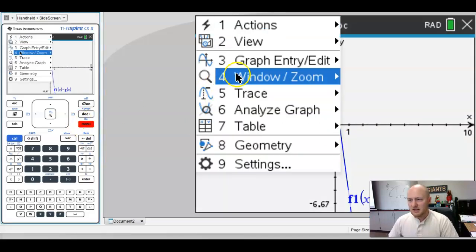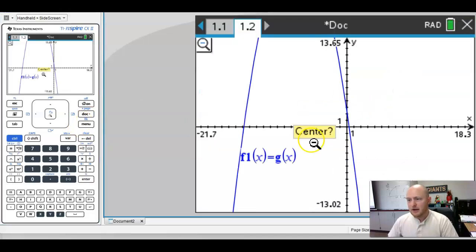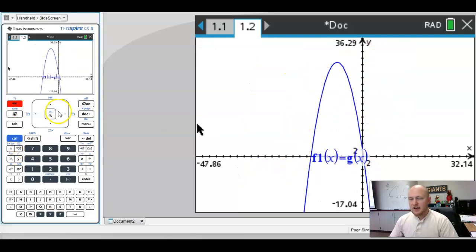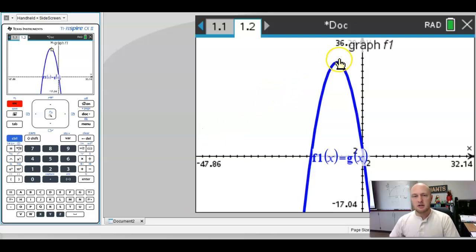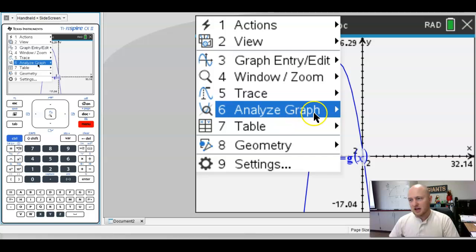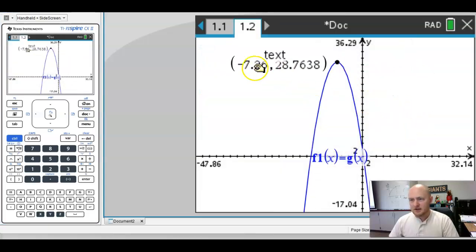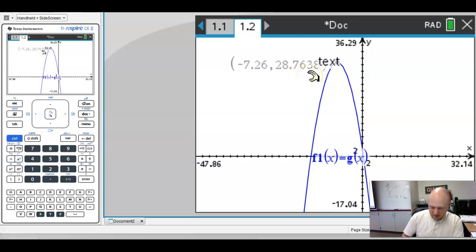Notice again I'm zoomed in, so I'm going to zoom out here, and we have a quadratic function. The question is, where does it change from increasing to decreasing? And this occurs at a maximum. So I just have to analyze the maximum. Left, right, and there we go. Our answer is x equals negative 7.26.